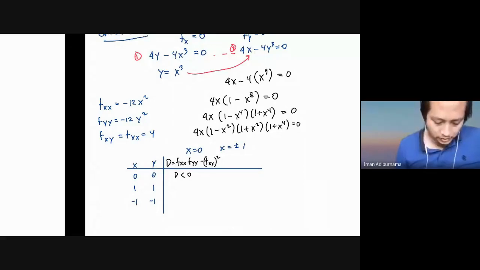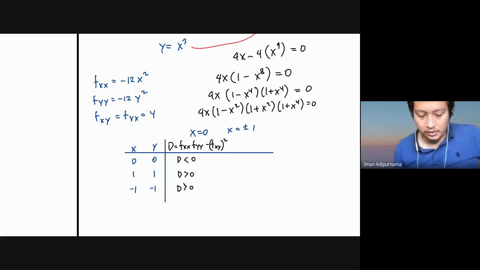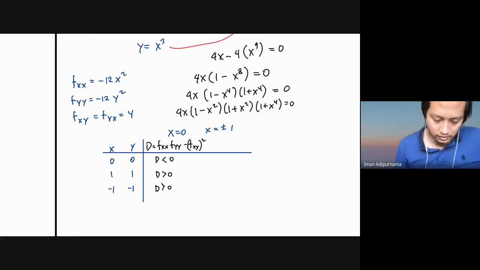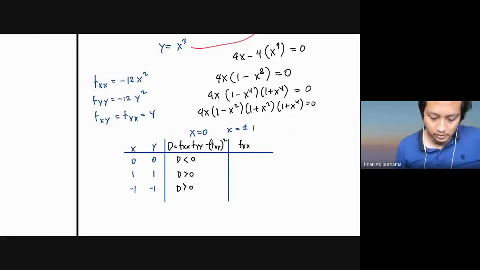And then the next part, the D for 1, 1 is positive, and negative 1, negative 1 is also positive, right? Because of having a square for the negative, it should be the same. So this is the first one. Second one is checking the partial xx. From 1, 1, we get negative.